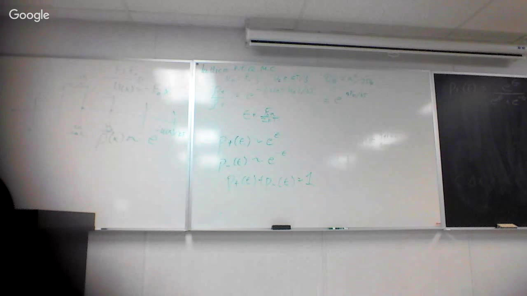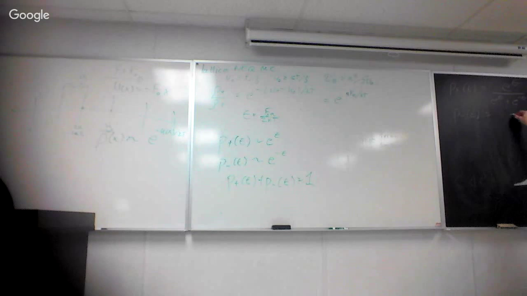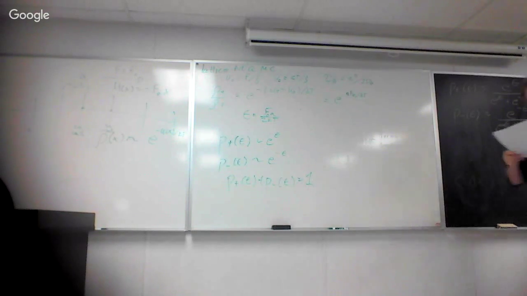Why did I write it this way? Well, because P minus epsilon is going to be e to the negative epsilon over e to the epsilon plus e to the negative epsilon. And if I add this plus this, what do I get? Not a trick question. 1. So our net probability is conserved, which is good. And again, we can write this as 1 over 1 plus e to the 2 epsilon.